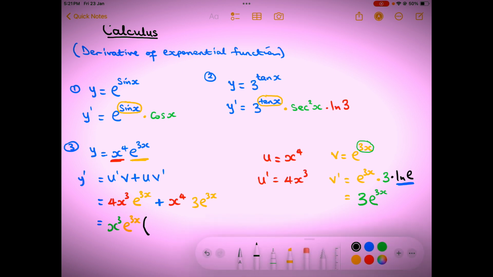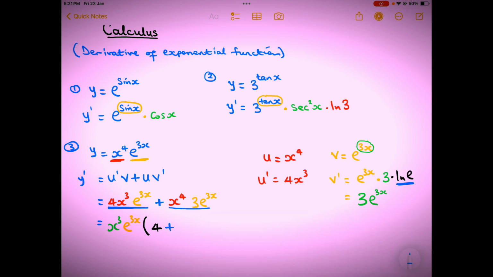For you to get those expressions inside the bracket, just take your time and check this. If you divide this one by the expression that you have factorized out, it will remain with 4. Again, when you also divide this term by the expression that you factorize out, it will remain 3x. So whatever remains is what we put inside the bracket.